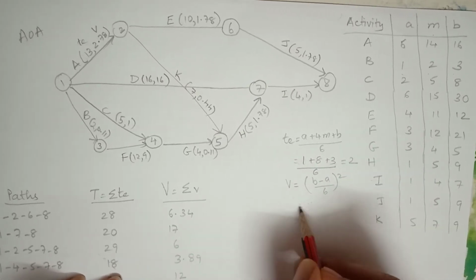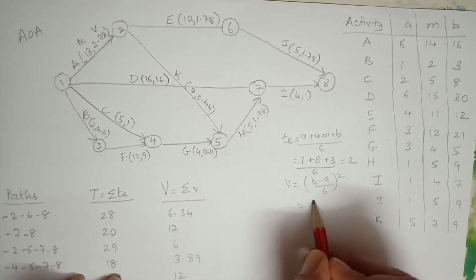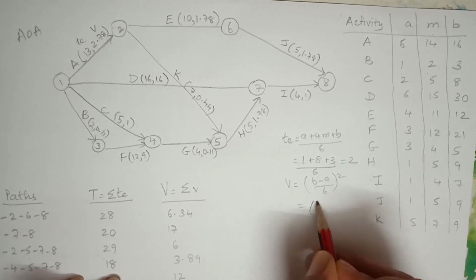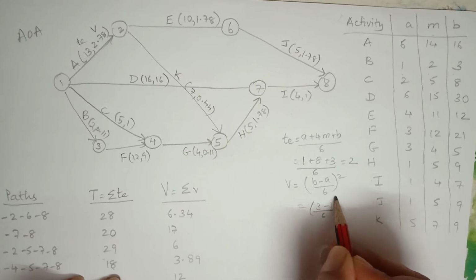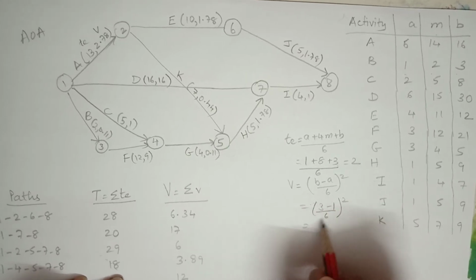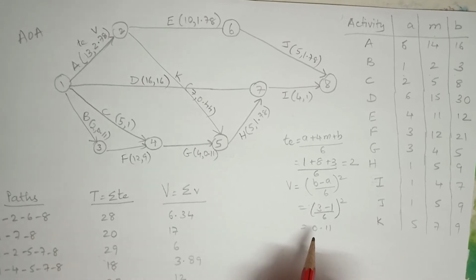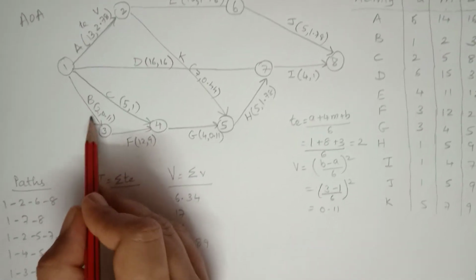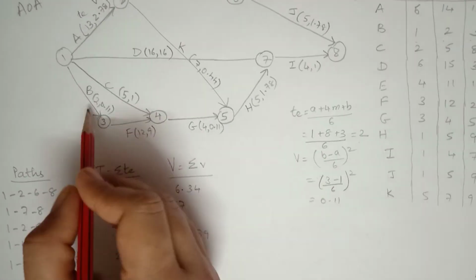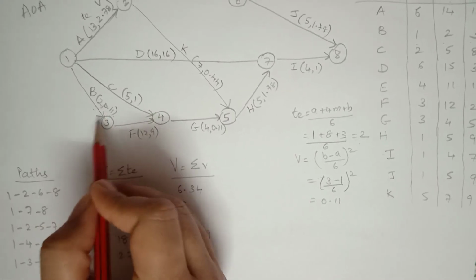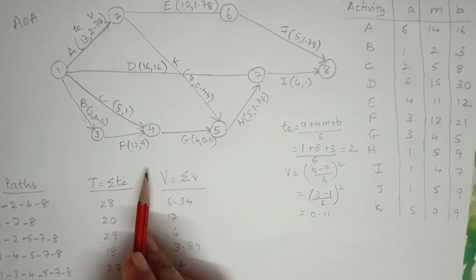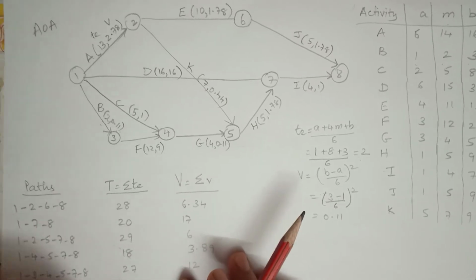Similarly, if I replace it in the formula (b minus a divided by 6) whole square, it would be (3 minus 1 divided by 6) whole square. It is 4 divided by 36, so that is 0.11. So likewise, I have replaced here 2 and 0.11 as the values. Similarly, I have calculated the other values.